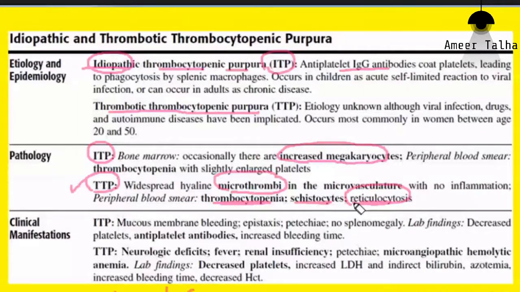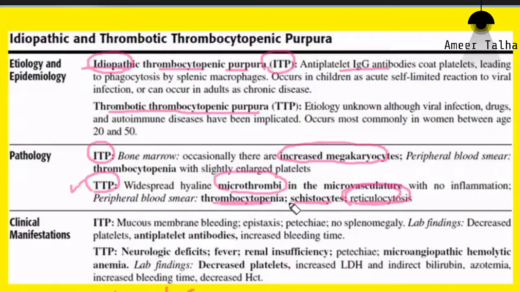Due to formation of multiple microthrombi throughout the vascular system, the erythrocytes are fragmented or destroyed to some degree. So that is the reason the immature stage, the reticulocyte stage, will be on the high side. An increased reticulocyte count will be labeled as reticulocytosis.